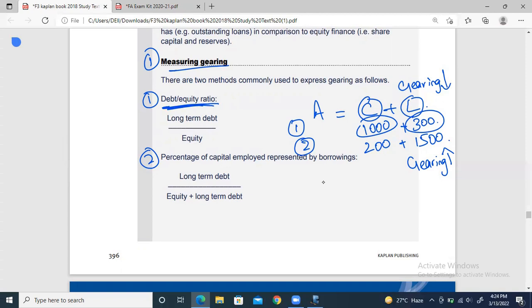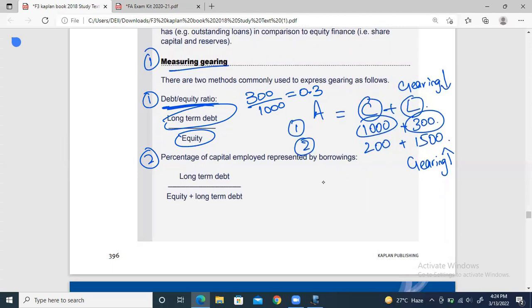Now the gearing is measured as long-term debt divided by equity, because that's what we studied over here. If we calculate gearing of company one, 300 divided by 1000, that means it's only 0.3, or in other words, just 30%. Let's calculate it for the second company.